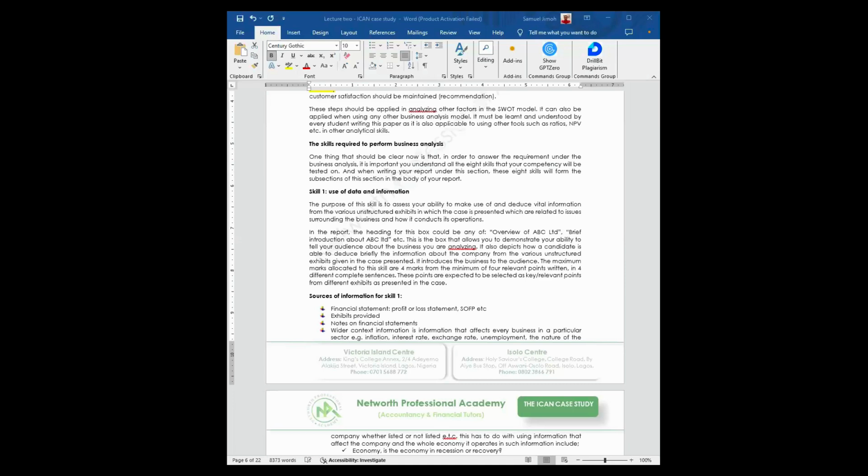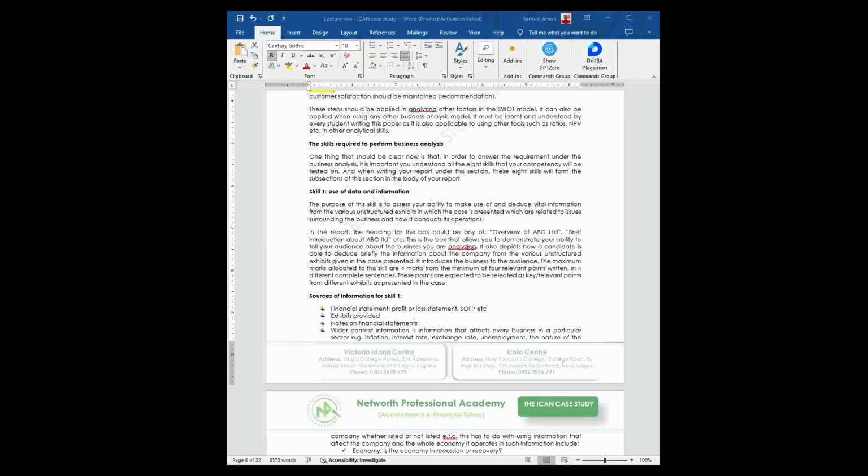In some cases, you are to identify the suitable model for the scenario. Let me give you an example. There was a particular diet, I think November 2017 diet. We had a case that was presented in a value chain scenario.